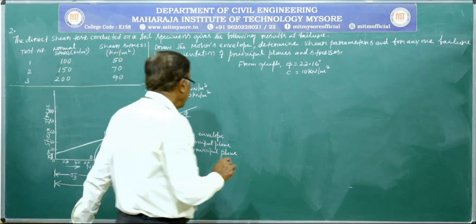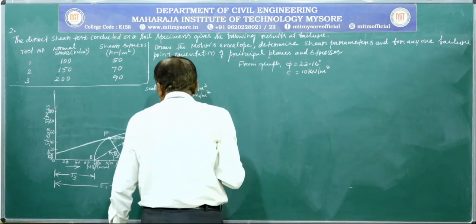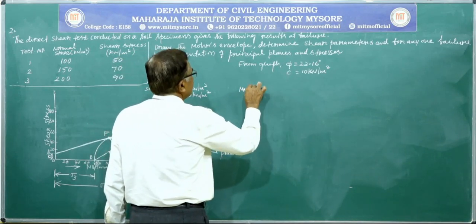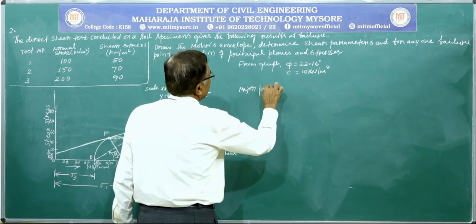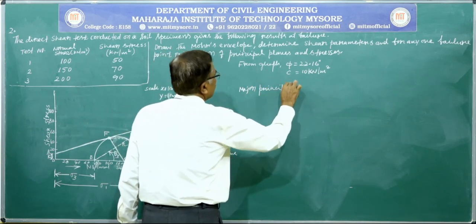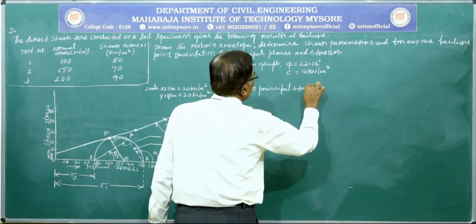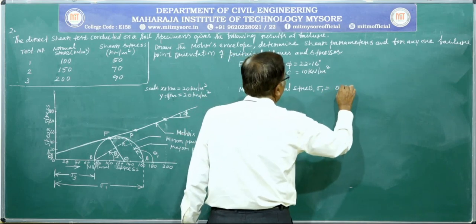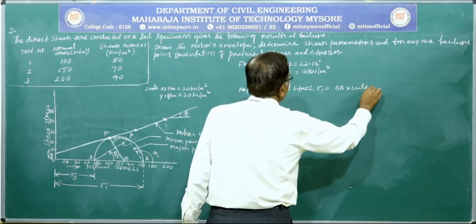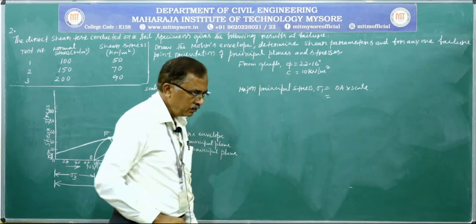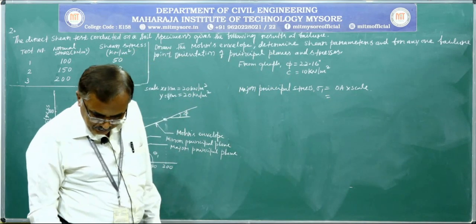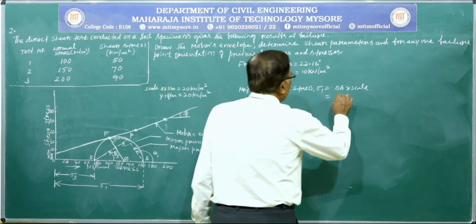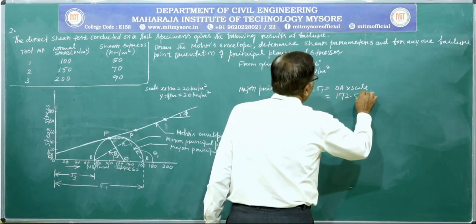So from the graph we can easily measure the major principal stress sigma 1, which is equal to OA into scale, that is 172.5 kilonewton per meter square.